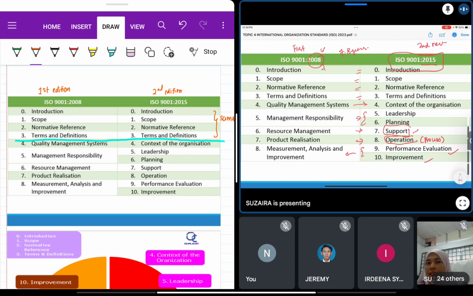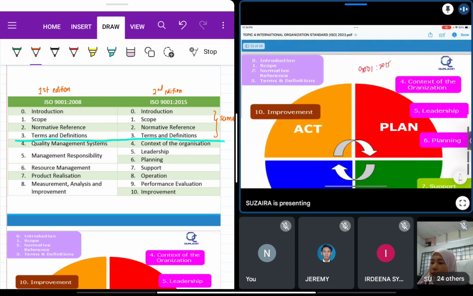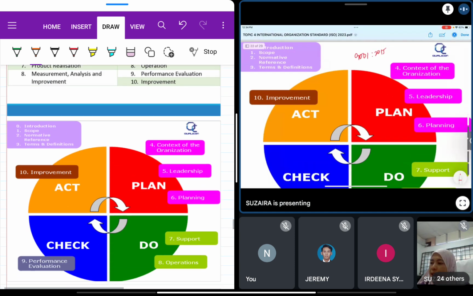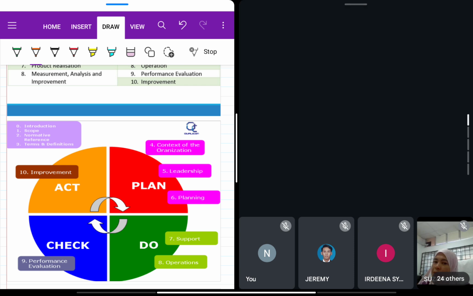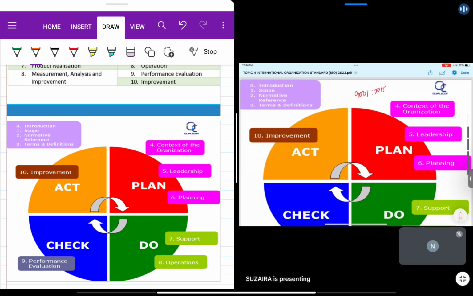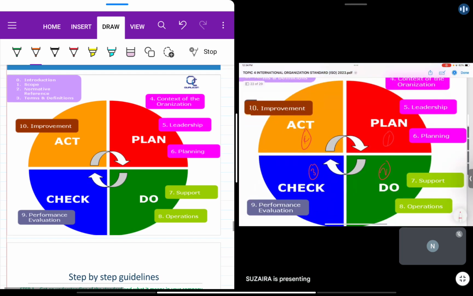So you have the body, but you have to put the content according to the food safety management. This is actually the body of the documentation. If you look here, this is how it looks. It relates with the plan, do, check, act. Plan, do, check, and act here.